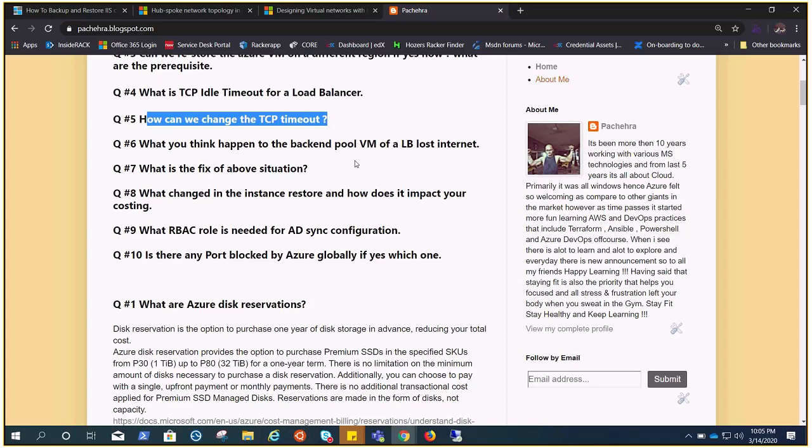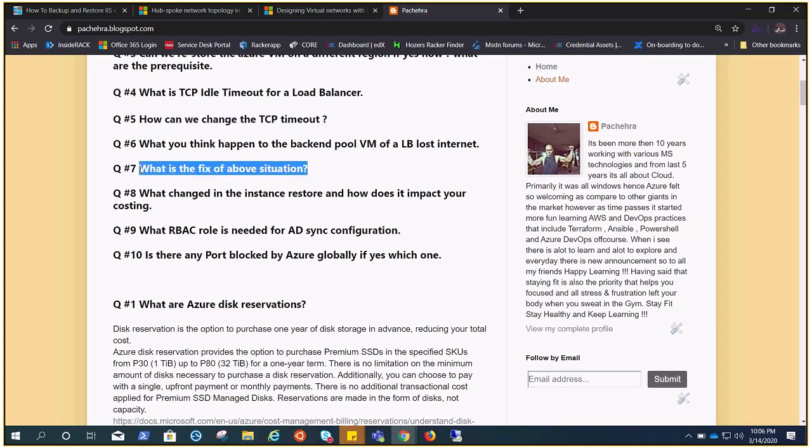Well, this is a known scenario. Backend VM behind the internal standard load balancer cannot access the internet. It's because outbound NAT is not available until outbound connectivity is defined explicitly in the case of standard internal load balancers. That's why. Now, what is the fix of the above situation? That's the next question. Of course, you want to ask, like, how can you fix it?